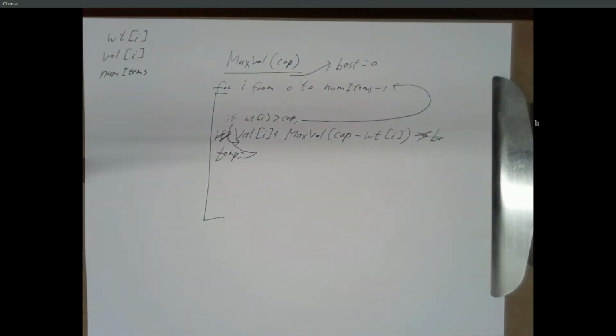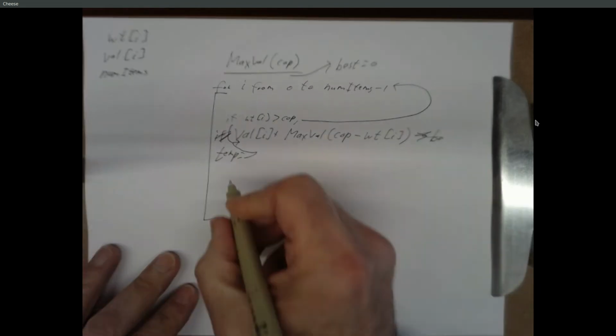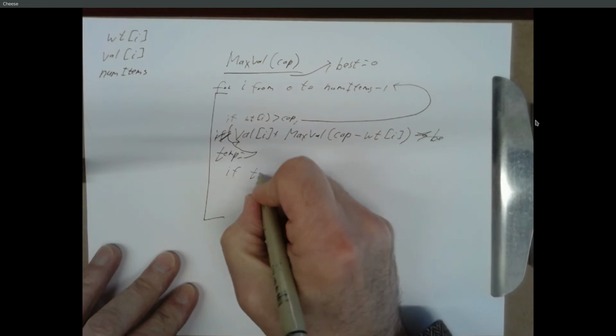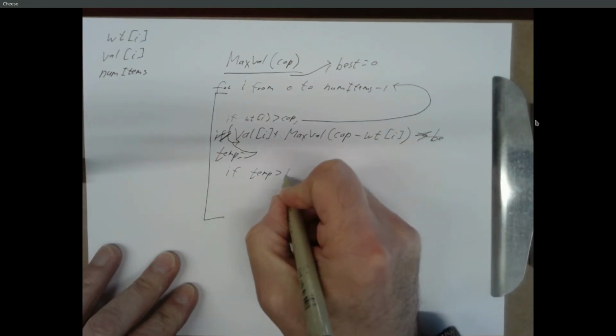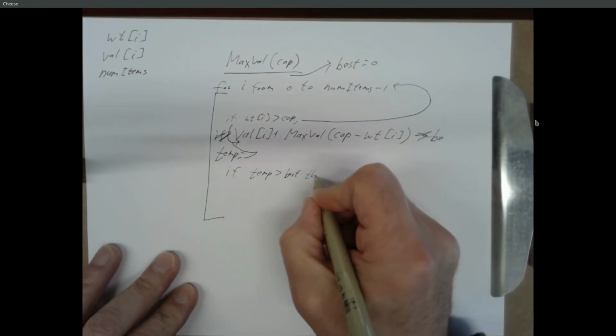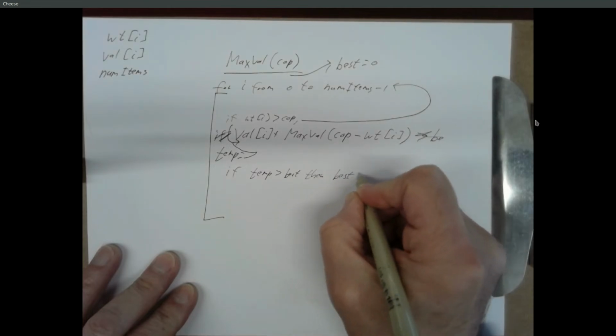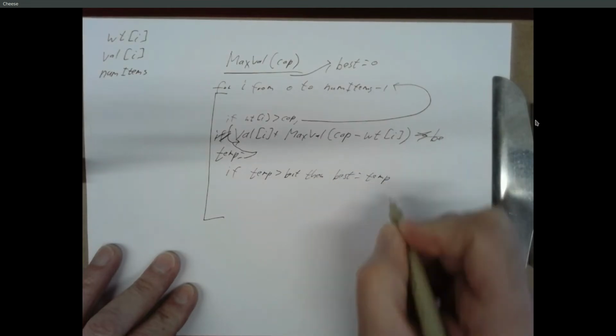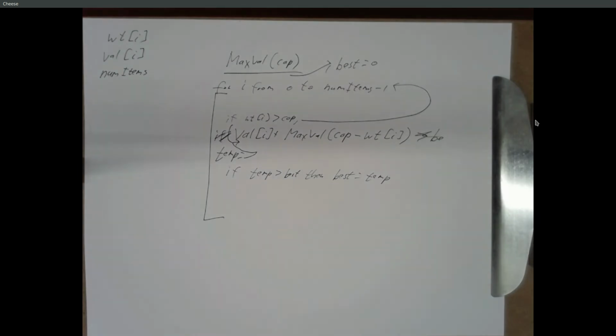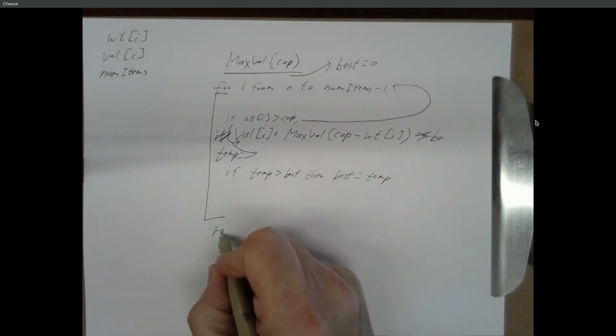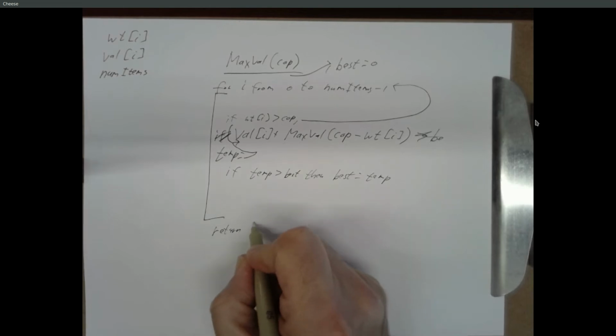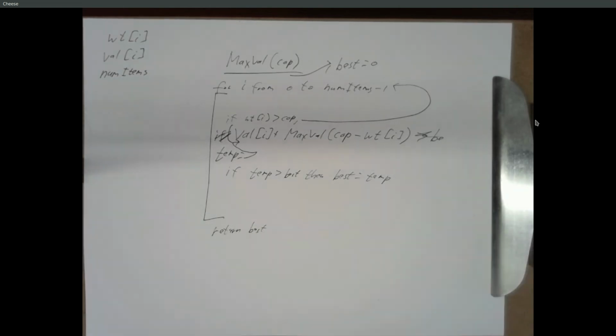So do your calculation, save that in some temporary variable, and then it's just if temp is bigger than best, then save that. And when you're done with all of this, return best. Does that make sense?